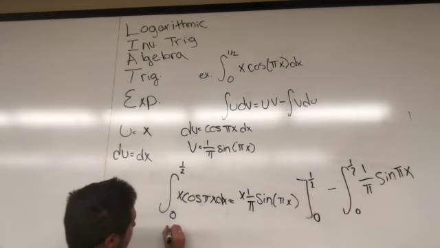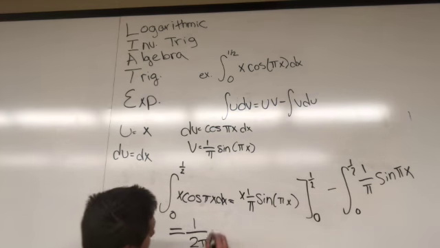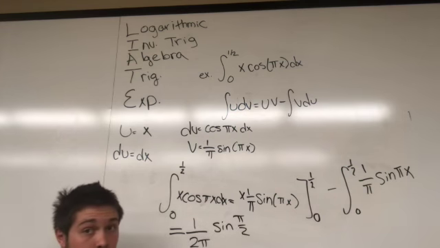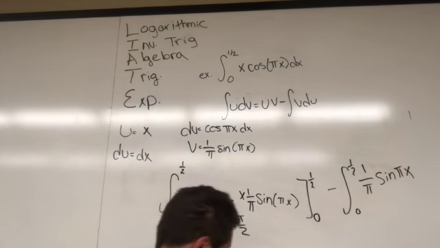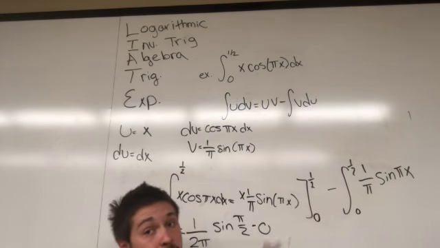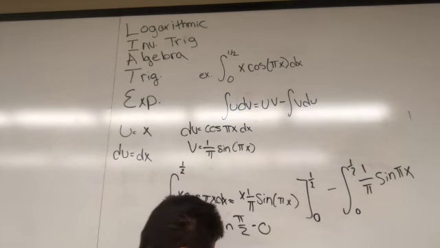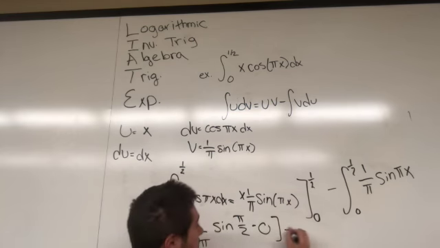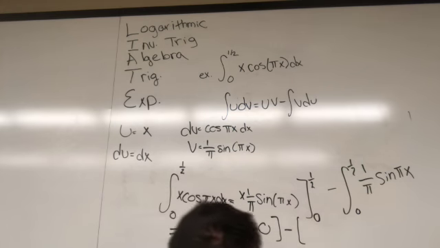So you get everything is equal to 1/2pi sine pi over 2, then minus 0, because when 0 is applied through, it cancels out. Minus, and then take the integral.